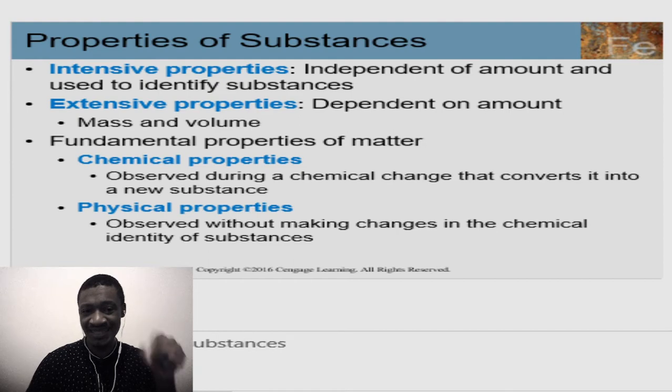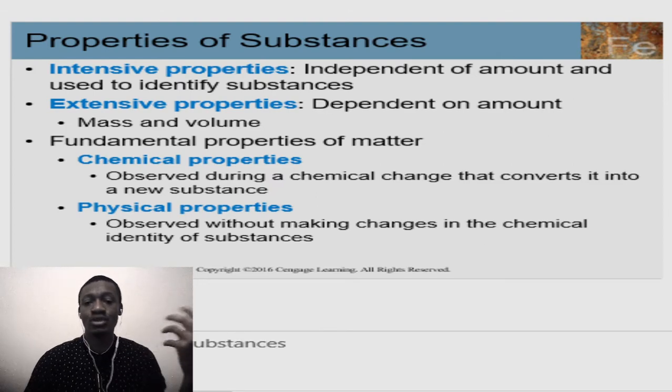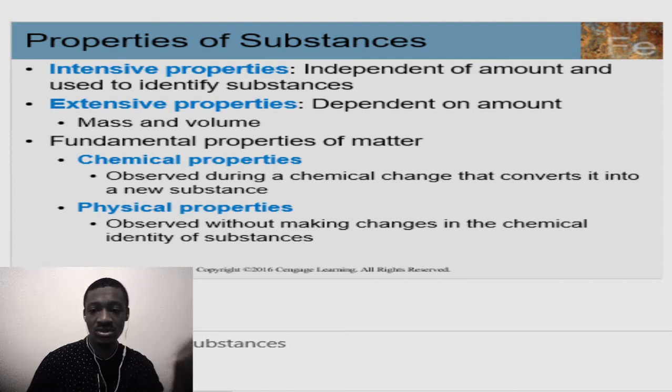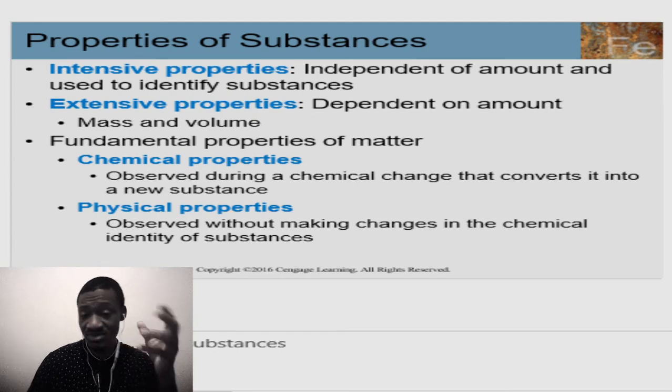From the word "in," you notice they are independent of amount and are used to identify substances. When something is independent, it stands alone and not with the amount. It's about the properties of the substance, so it's used to identify the substance.